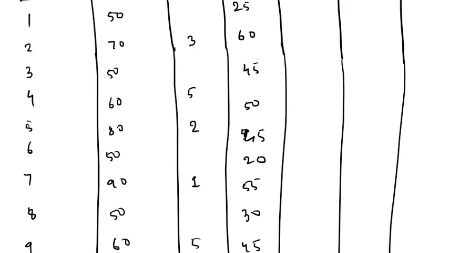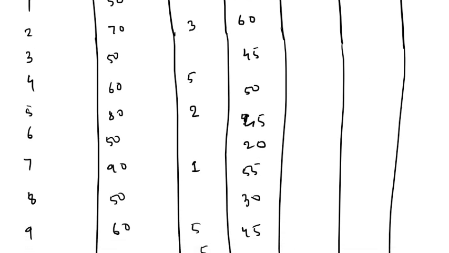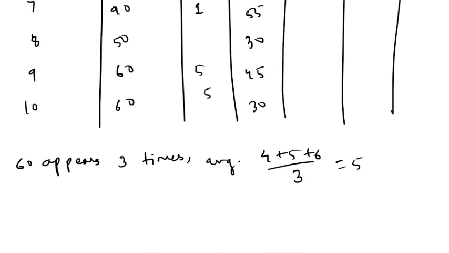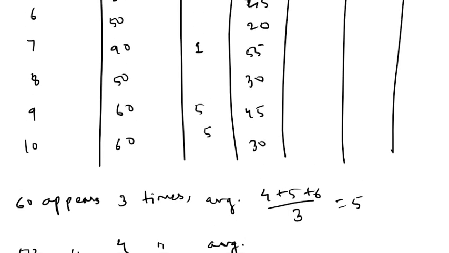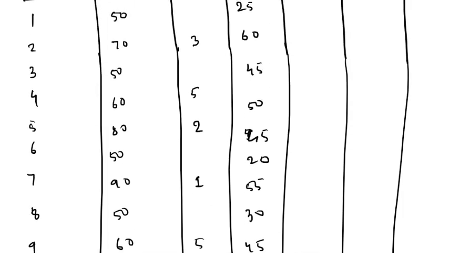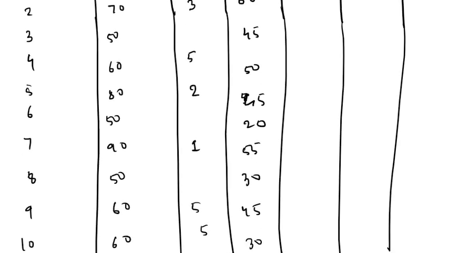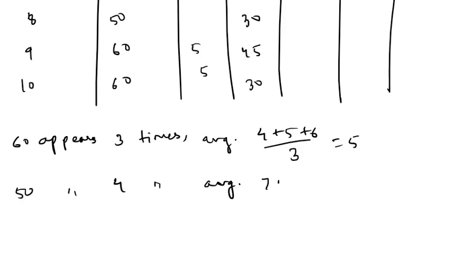Next you have 50. 50 appears 4 times. So our average: we have taken ranks up to 6 for 60, so for 50 we take 7 plus 8 plus 9 plus 10 divided by 4.